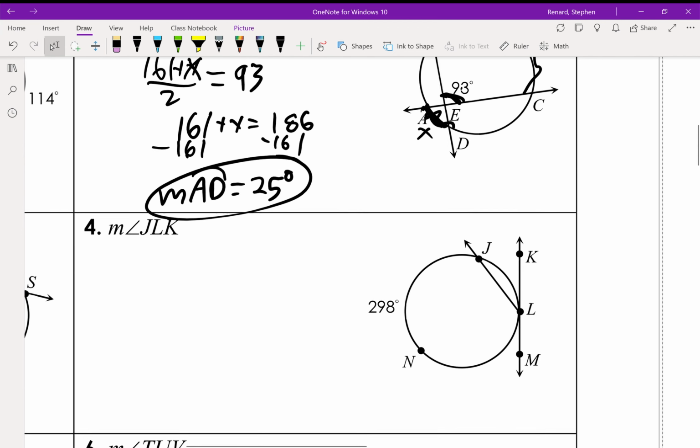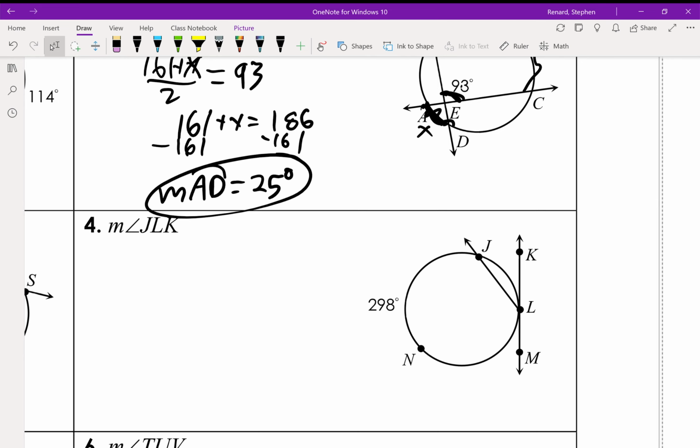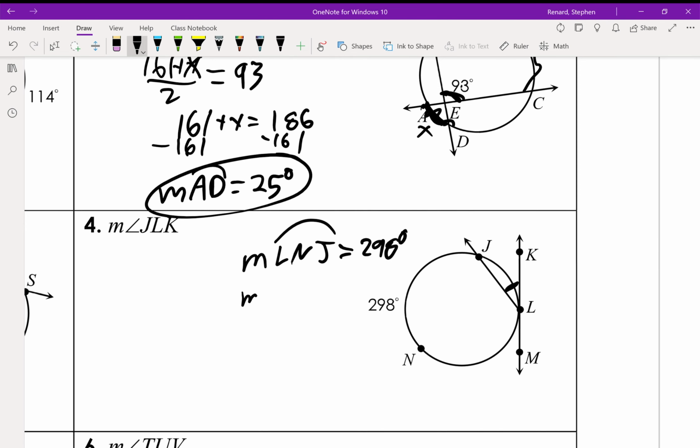Okay, let's look down at number 4. So we need JLK, so we need this piece right here. So we know that from here all the way around to here is 298 degrees. So the measure of arc LNJ is 298, which means that the measure of arc JL is going to be 360 minus 298, or 62 degrees.